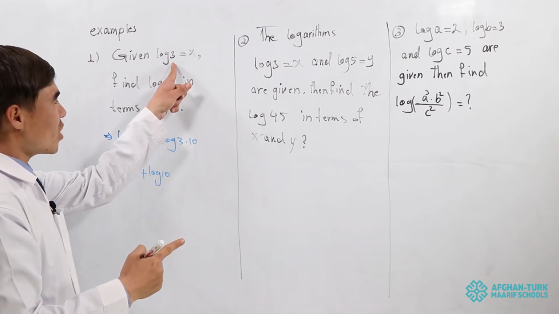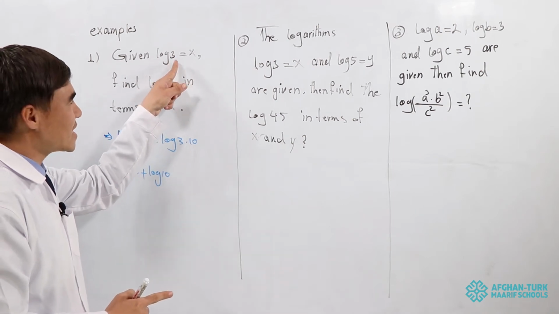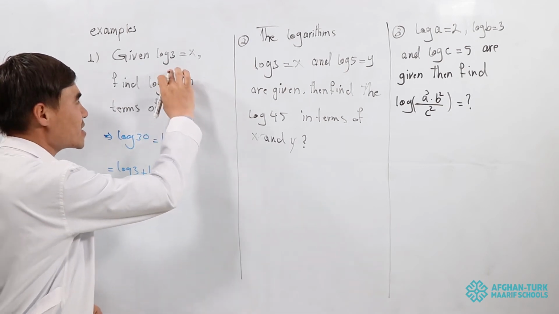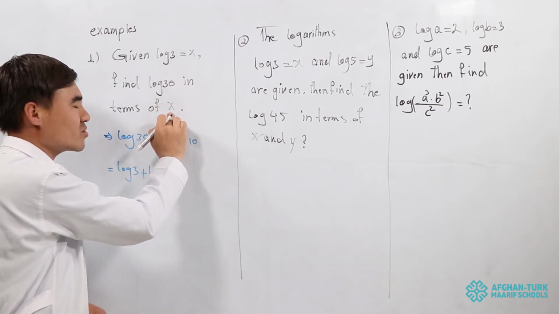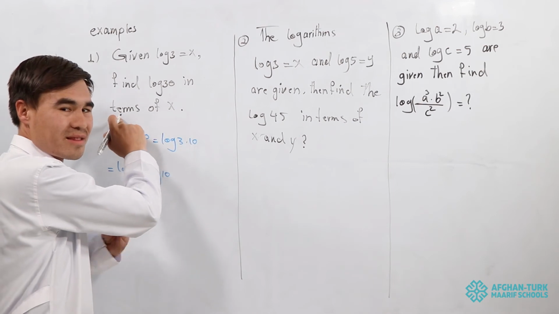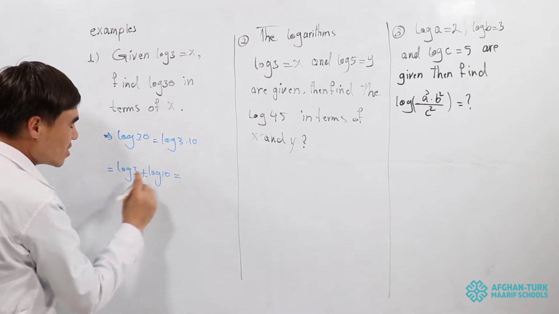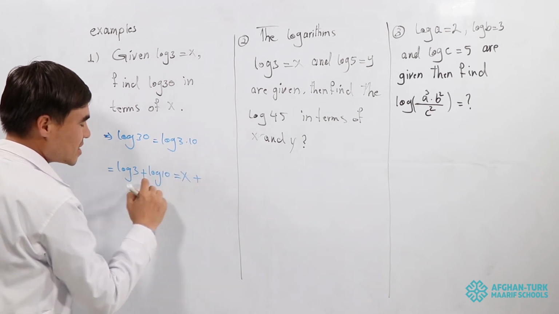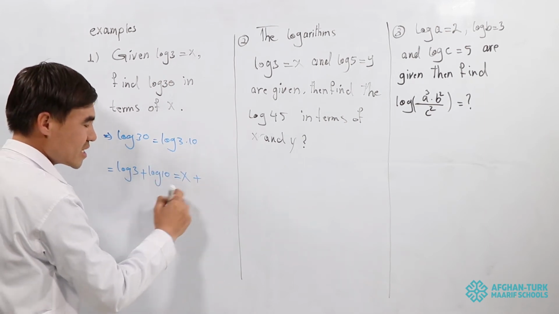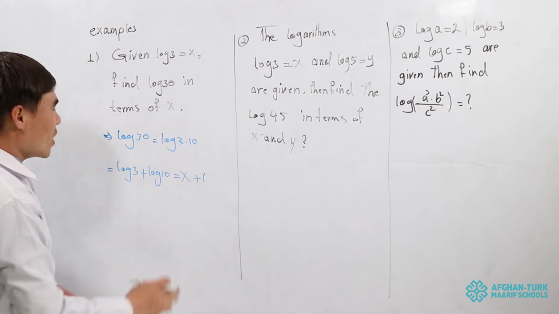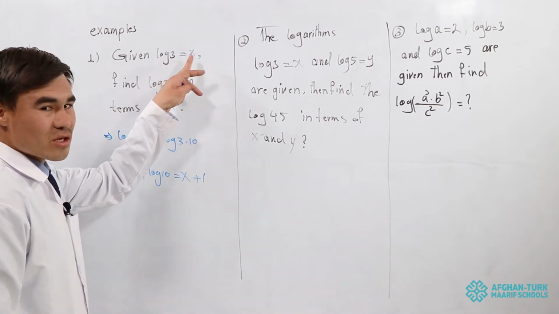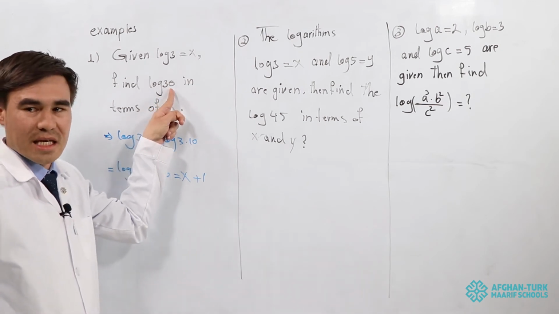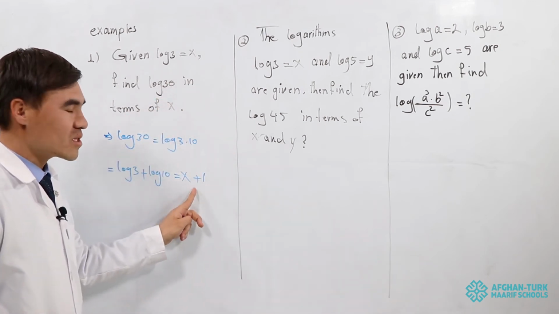As the question says, log of 3 to base 10 is equal with the number x. At that time we are going to find this log of 30 to base 10 according to number x, or it means in terms of x. Then here log of 3 to base 10 is given like x, then plus log of 10 to base 10 is equal with the number 1. When log of 3 to base 10 is equal with the number x, at that time the value of log of 30 to base 10 in terms of x will be x plus 1.